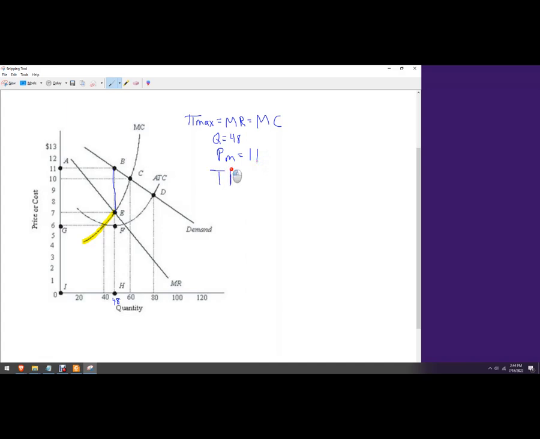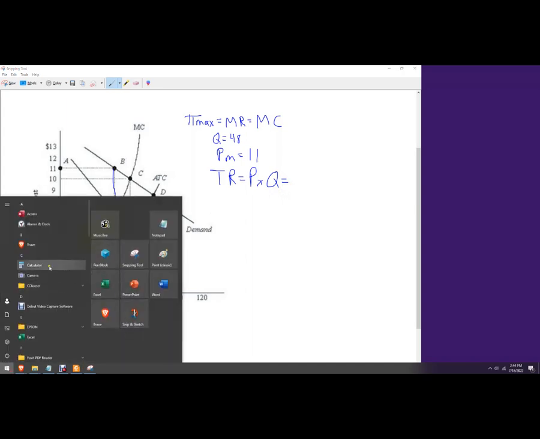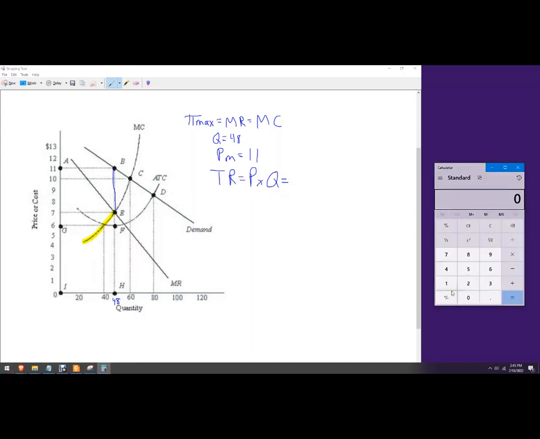Total revenue is price times quantity, so that would be 48 times 11. I didn't load a calculator ahead of time. Geez, 48 times 11 is 528. So that's my total revenue.